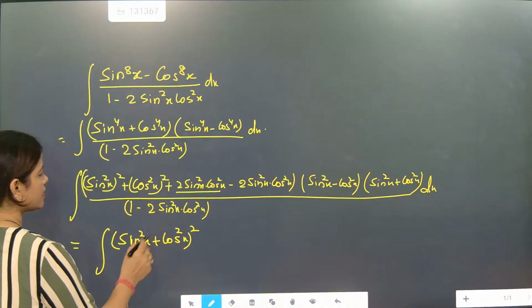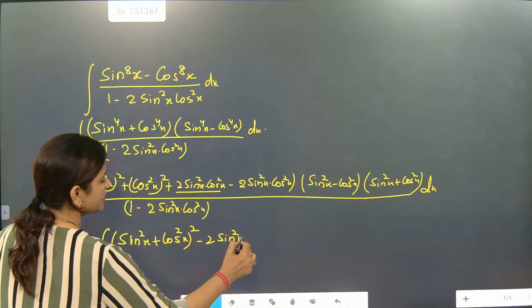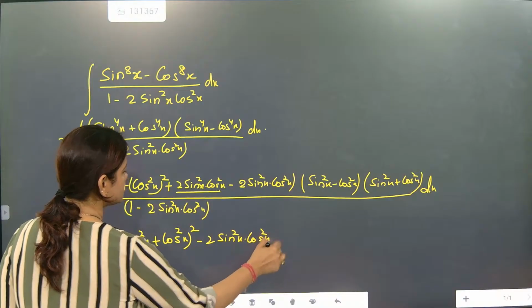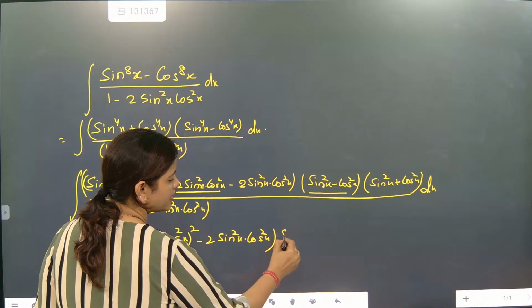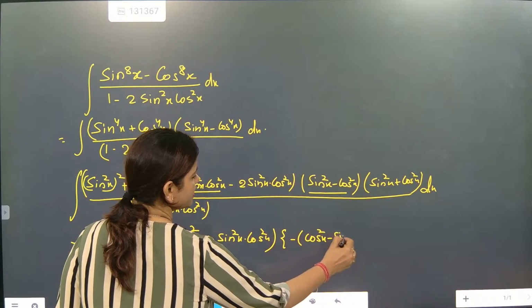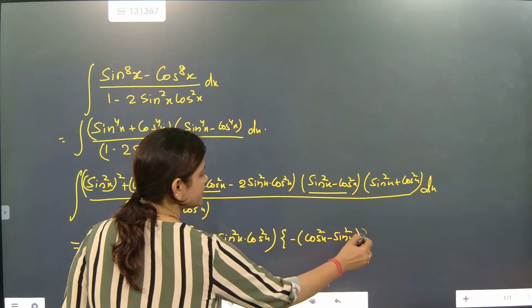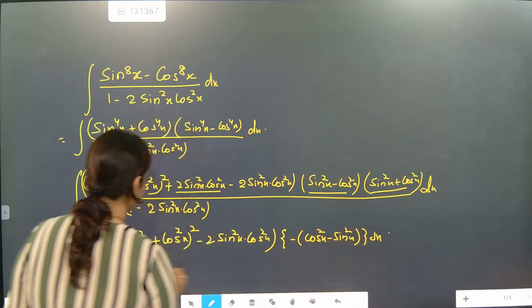This part whole square minus 2 sine square x cos square x. And then from this part we will take out minus, so it will become cos square x minus sine square x. And this section will become 1. So no need to write anything, dx we will directly write.